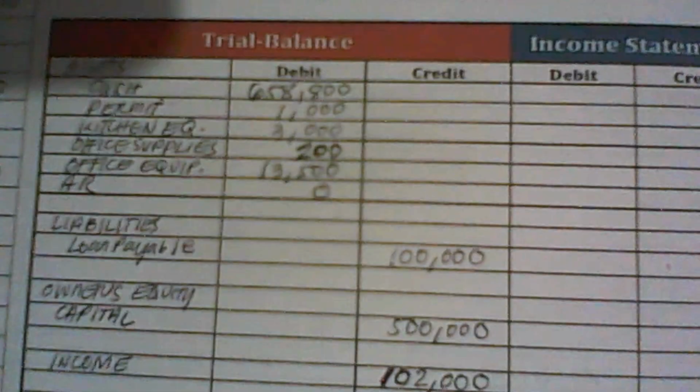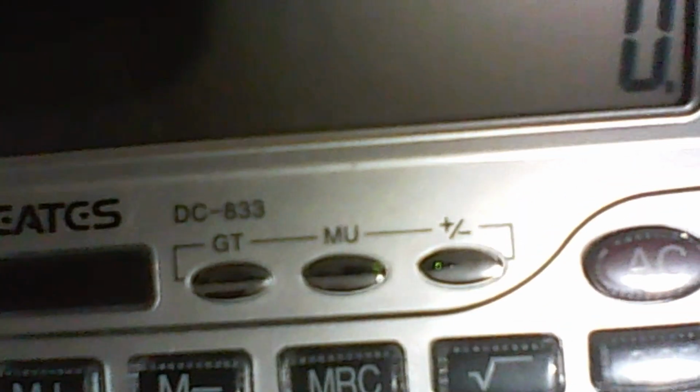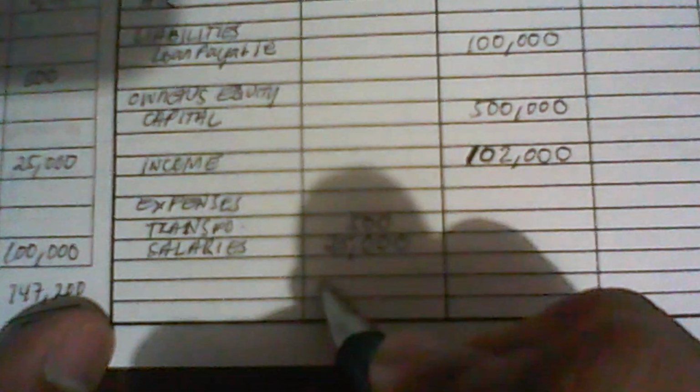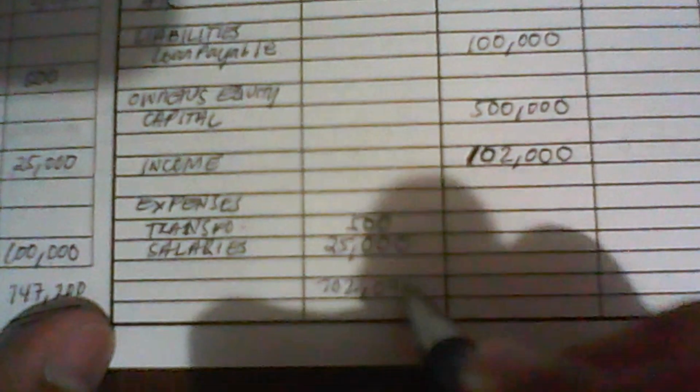So it's time now to calculate the debit. The total debit according to our calculation is 702,000. So we need to put that here.